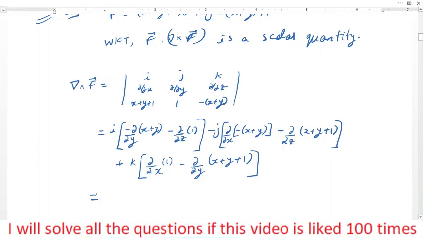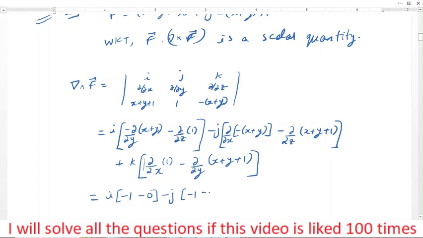Look here, students, how we simplify this. When we differentiate with respect to y, keeping x and z constant, we get minus 1. So I put minus 1 here. This is 0, a constant is always 0. Minus j here. Now differentiate dou upon dou x of minus x plus y: x is the variable, so take minus 1, and y is constant, so 0 with respect to x.